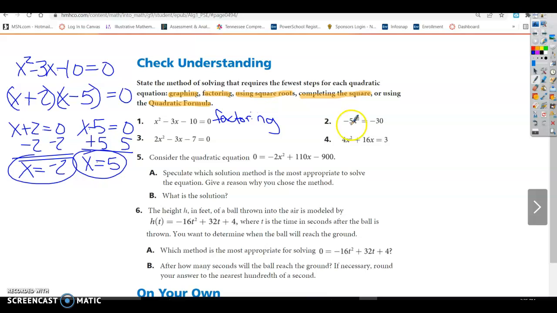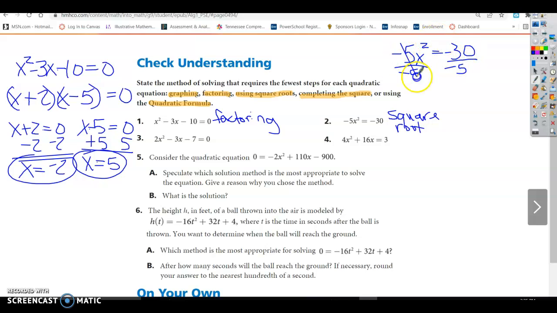All right, so number 2 over here, I see that there's no linear term and the constant term's already over here. So the quickest way for this is going to be square root. So I'm going to do square root. And that just means I'm going to solve for x, just like it is. So it already only has one variable.